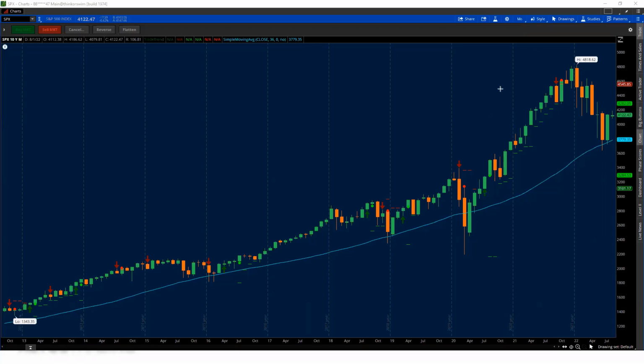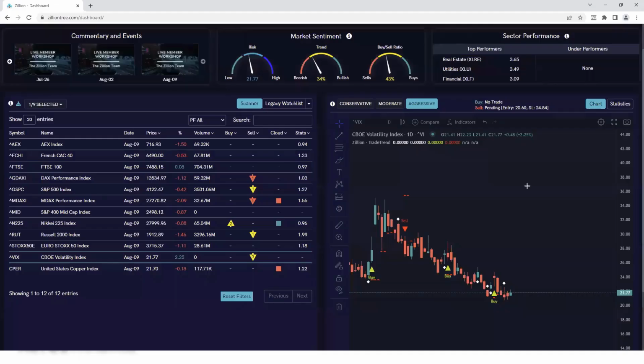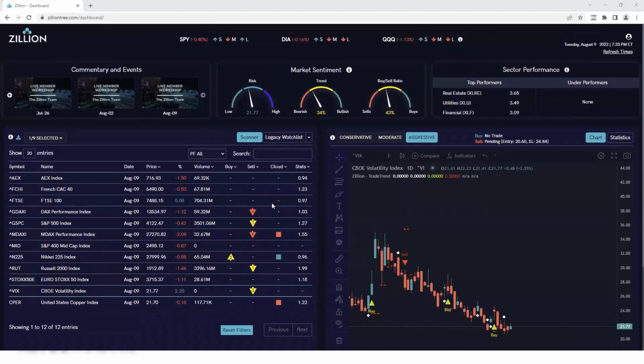Okay, so let's see. What I would like to do now is go over some current signals with the TradeTrend indicator. This is our Zillion platform that we here at Altos Trading, in partnership with tradingindicators.com, have developed.